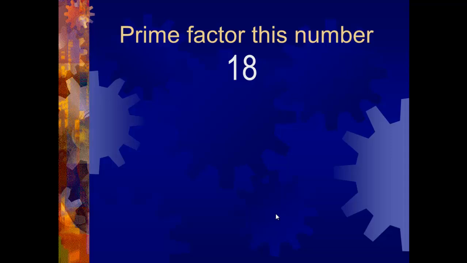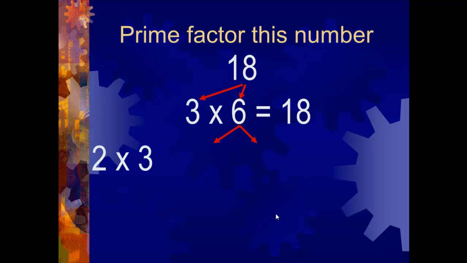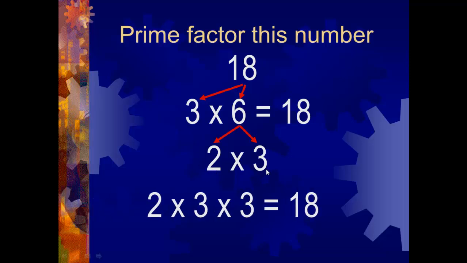We have 2 by 9 and 3 by 6, whatever you will write. 3 by 6, it's okay. 3 is a prime, 6 is not, so we will break 6 into 2 by 3. Now the prime factors are the first 3 and 2 and second 3, 2 by 3 by 3.